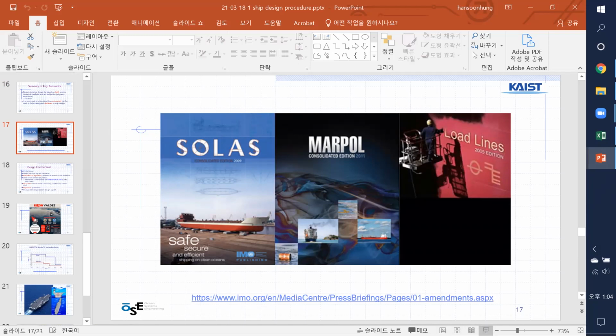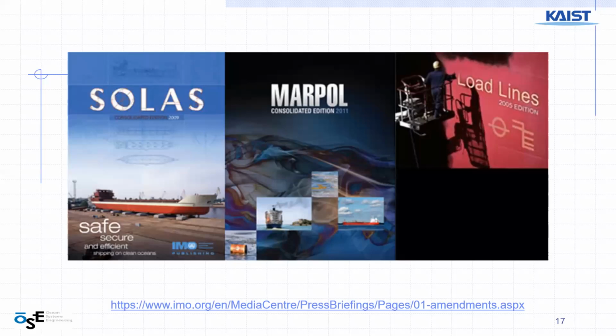This one shows you regulations and rules which, as a designer, you need to check and follow. It can be a constraint to your design freedom, right? SOLAS is about safety, MARPOL is about pollution, and load line is also safety and the capacity of the cargo.